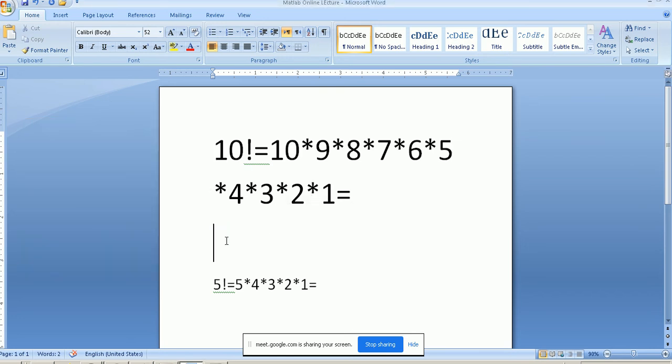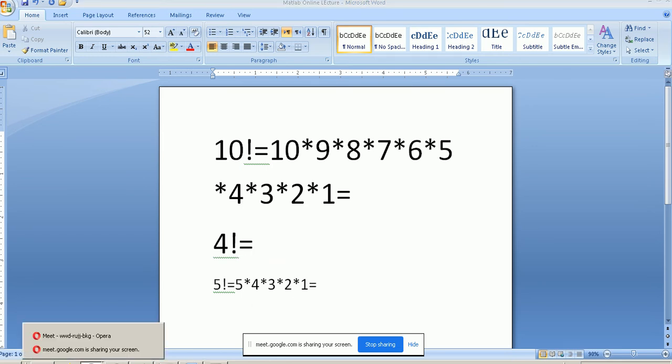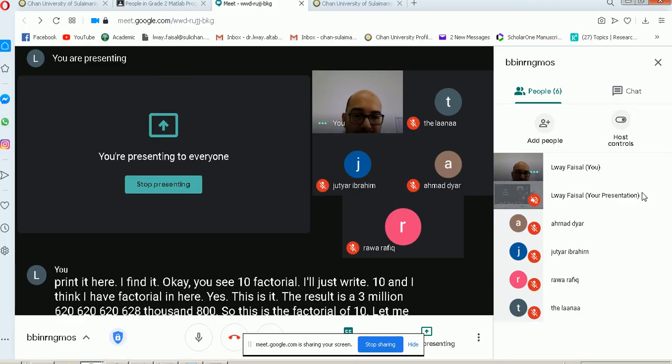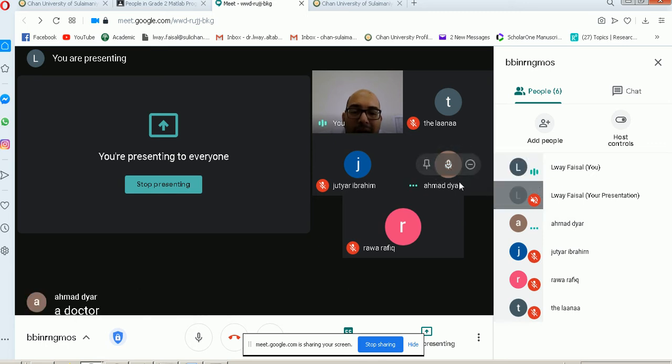Let me take a small exercise. Everyone try to find 4 factorial. Can you give me the result, guys? Anyone? Let me ask Ahmed Diyar. Ahmed Diyar, دكتور 4 factorial. تعرف شلون تجيب 4 factorial?